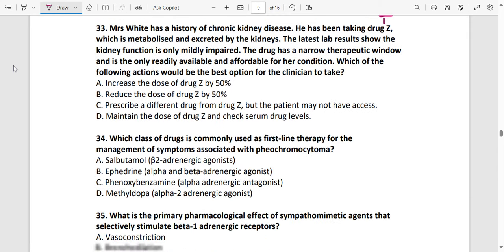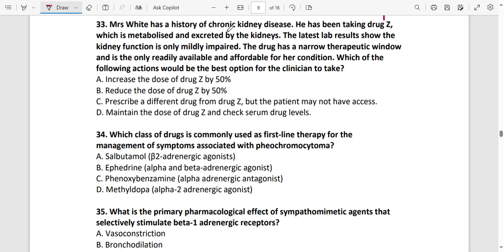33. Mrs. White has a history of chronic kidney disease. She has been taking drug Z, which is metabolized and excreted in the kidney. Take note of that. The latest lab results show the kidney function is only mildly impaired. The drug has a narrow therapeutic window and is the only one readily available and affordable for the condition. Which of the following actions would be the best?